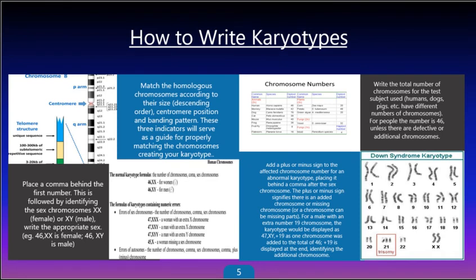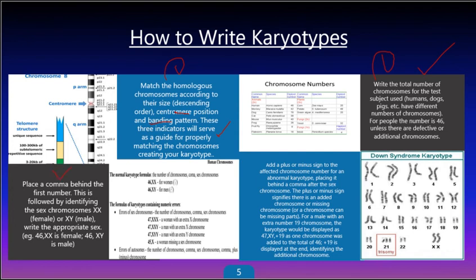How to write a karyotype? First of all, match the homologous chromosomes according to their size. Three things are involved in it: descending order of size, centromeric position, and banding patterns. These three indicators serve as a guide for properly matching the chromosomes and creating your karyotype. First, write the total number of chromosomes for the test subject, like humans have 46, and dogs, pigs, etc. have their own numbers.